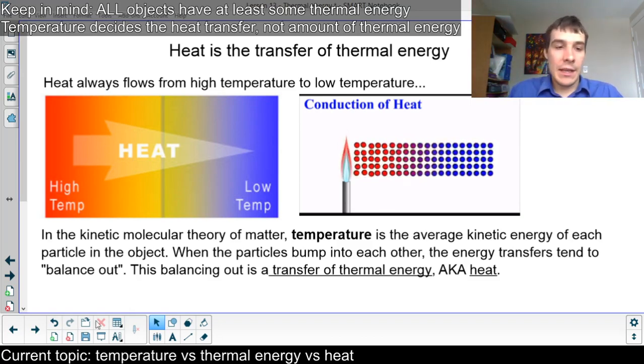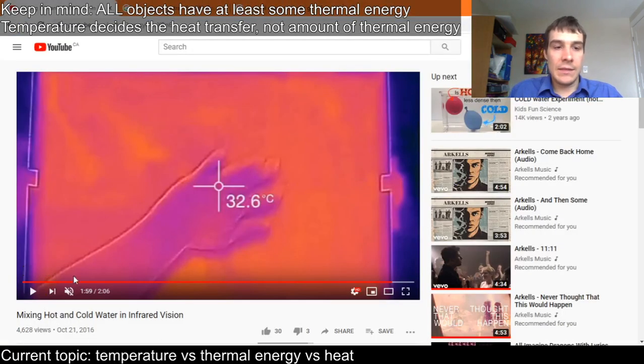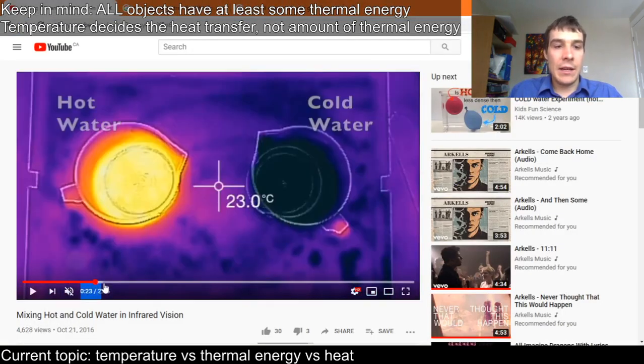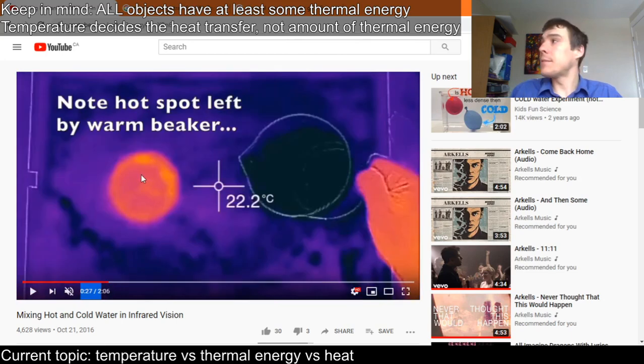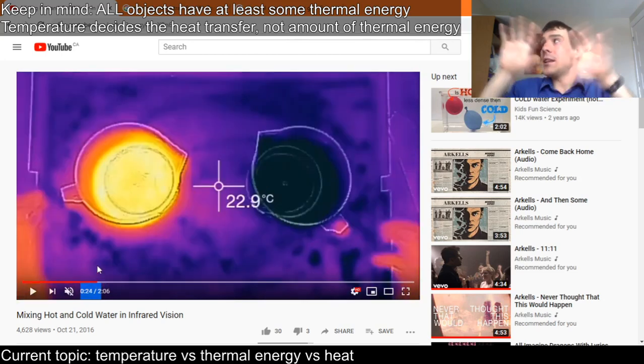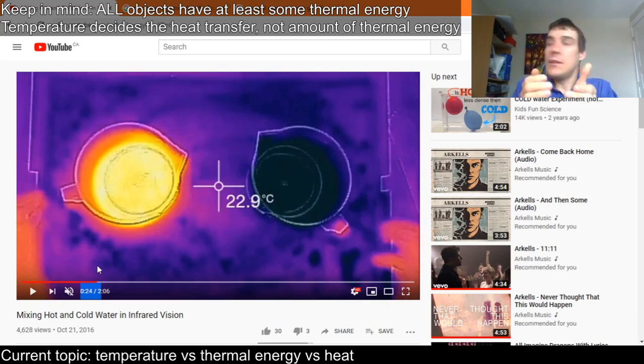So when we looked at this video, remember that hot spot that was left by the warm beaker. That is from conduction. This thing was hot and it was jiggling, and so the tray underneath it was also jiggling.